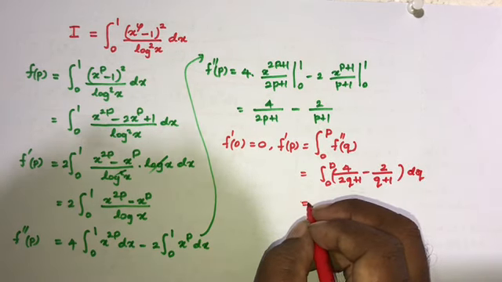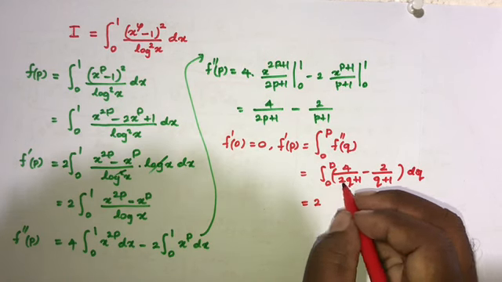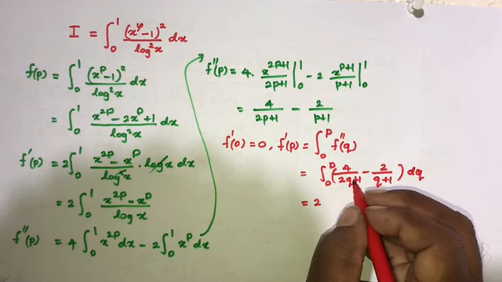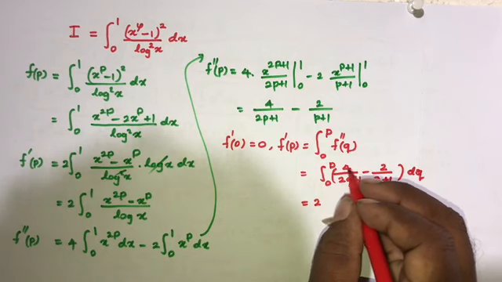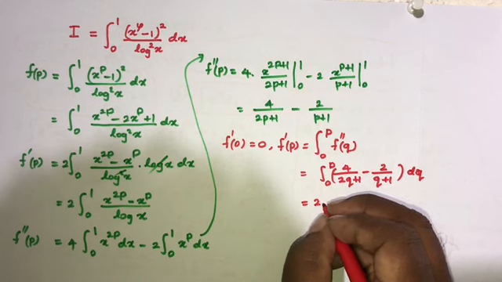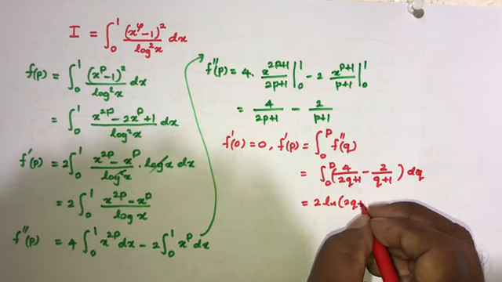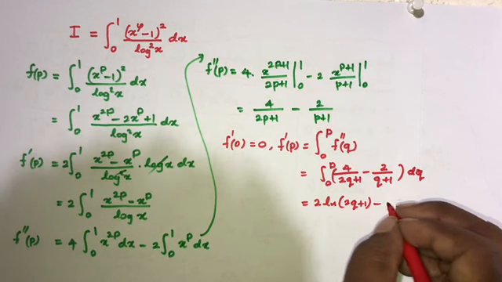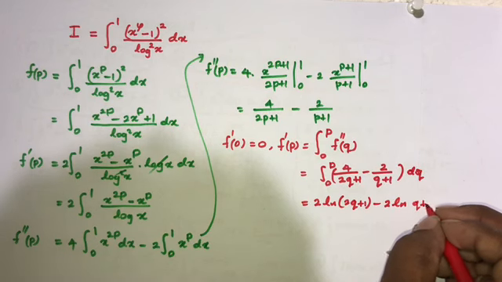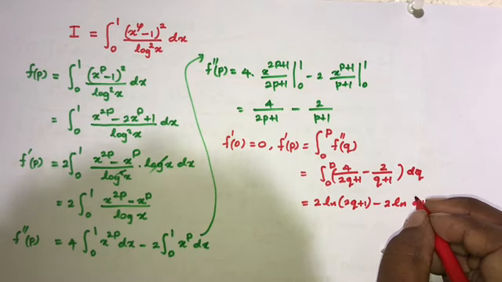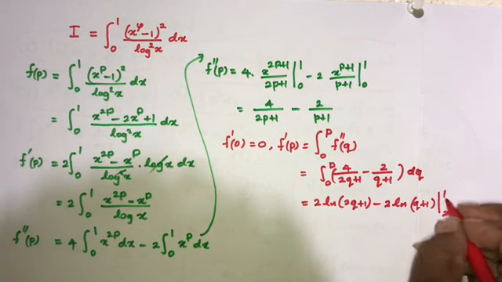Now we can integrate. The derivative of 2q+1 is 2, so we can write 2 times natural log of (2q+1) minus 2 times natural log of (q+1), with limits 0 to p.